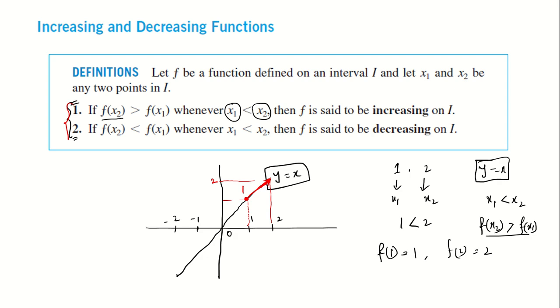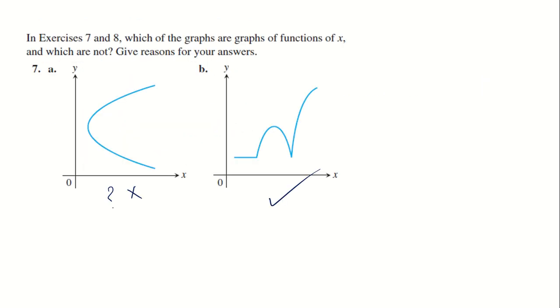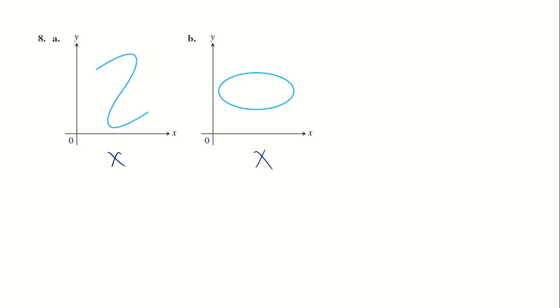How can we determine whether a function is increasing or decreasing in a certain interval? And there is the vertical line test. Now we will continue after that.